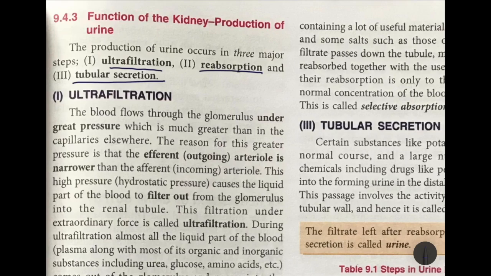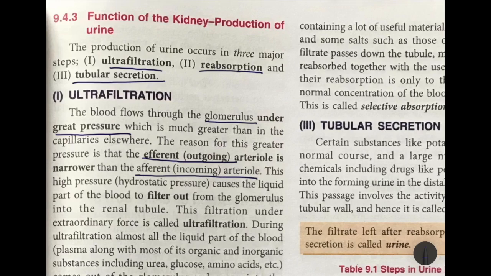So when the blood flows through the glomerulus, it flows under very great pressure, which is much greater than in any capillaries in the body. Now the reason for this great pressure, I had already mentioned a while ago, is that the outgoing arteriole, the efferent arteriole, is narrower than the afferent arteriole.